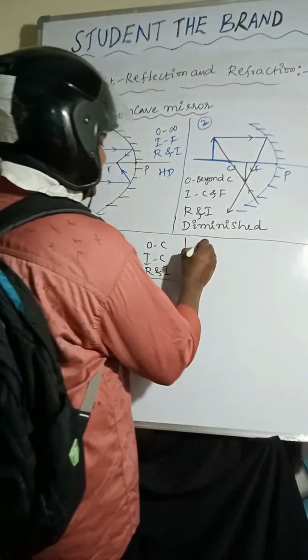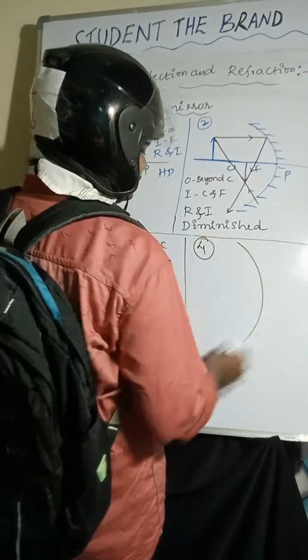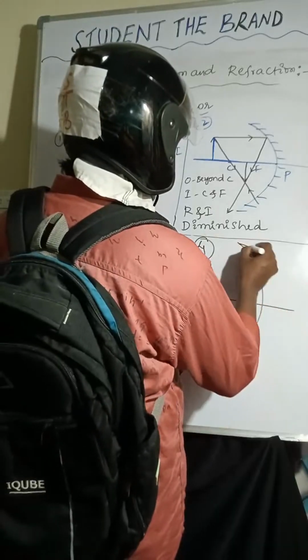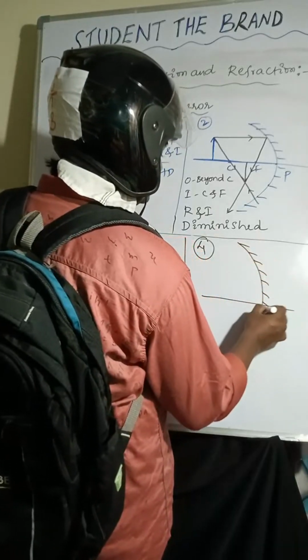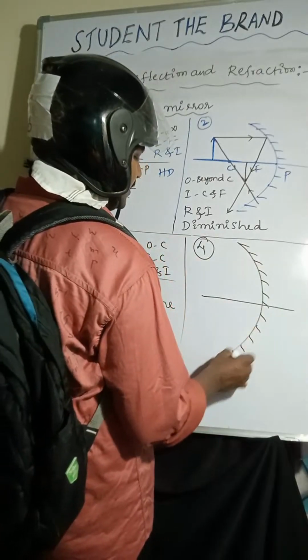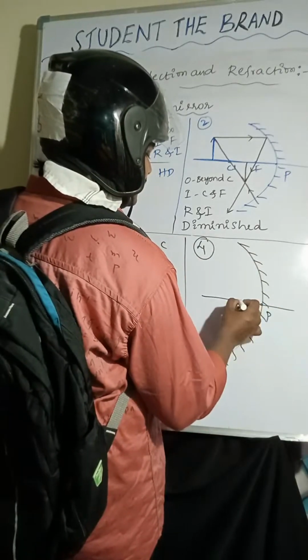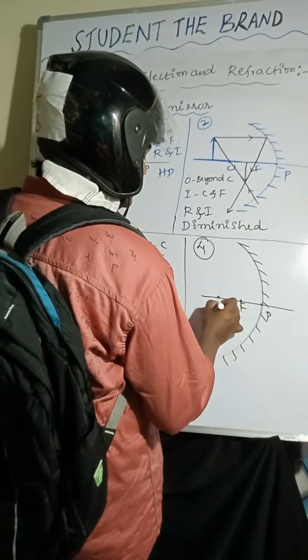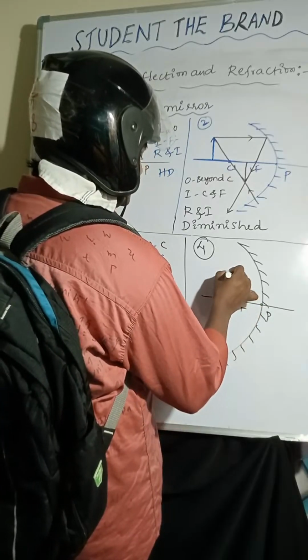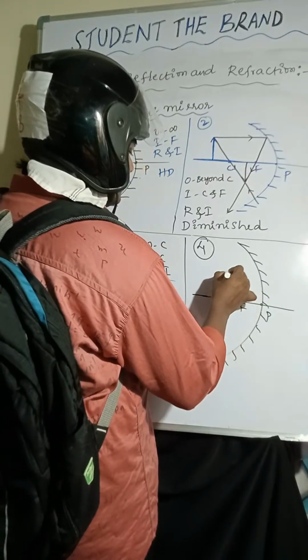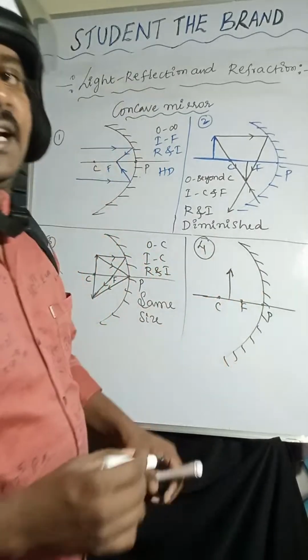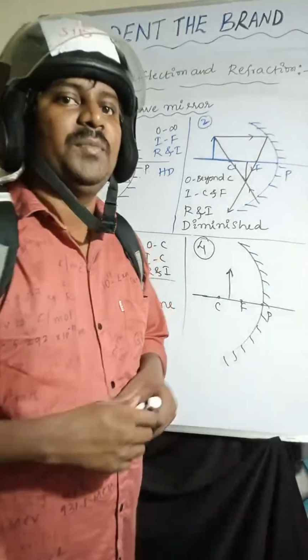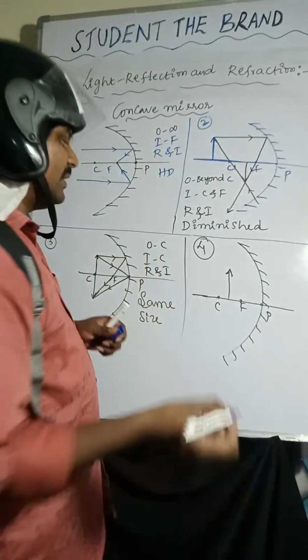Coming to the fourth one. So pole, focus and center of curvature. Object is placed between C and F. How many light rays are required to form the image of the object? Minimum 2 light rays.